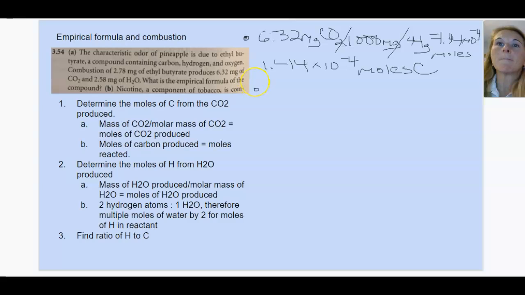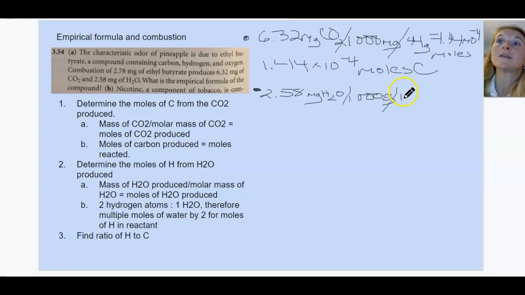So next up, we are going to determine the moles of hydrogen from the water produced. Okay, so we have how much? We have 2.58 milligrams of water. We're going to divide by 1,000 milligrams per 1 gram to get that into grams.